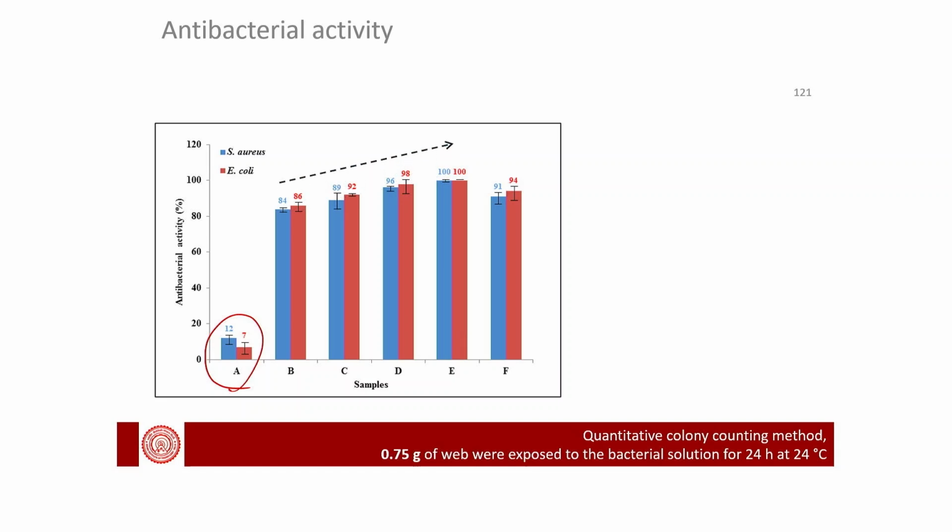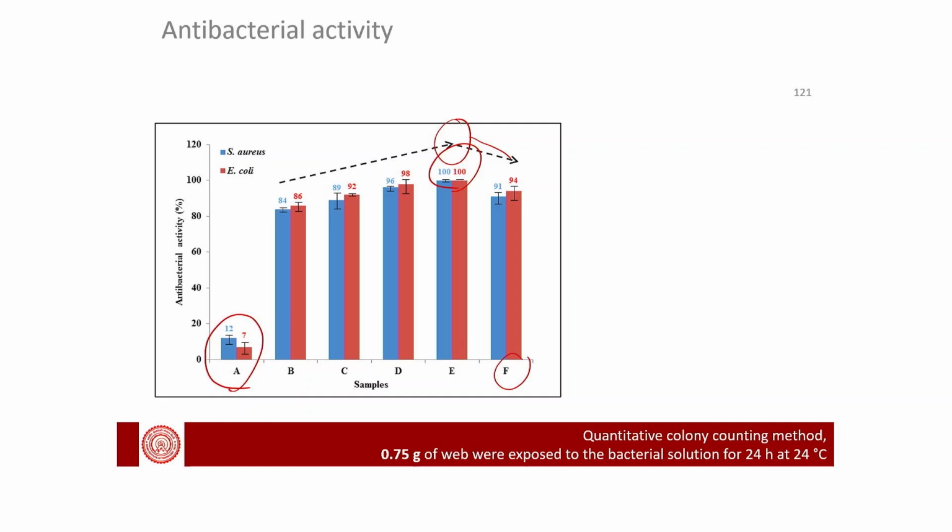And then the trend is that with the increase, through B, C, D and up to E, the antibacterial activity is maximum, almost 100%, but beyond that, when we go up to F, it is reducing.